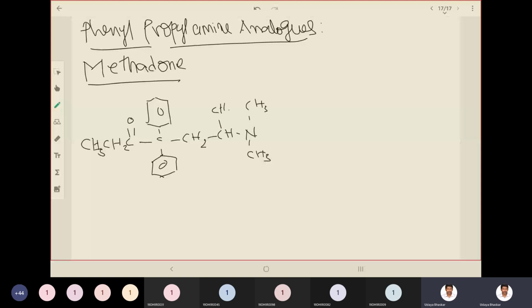So this makes it methadone. This is the structure of methadone.